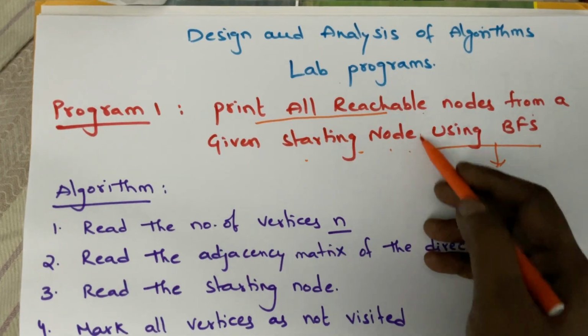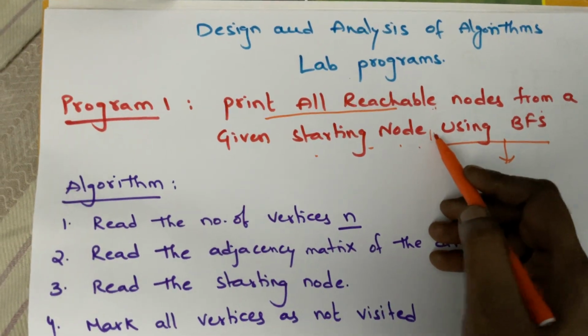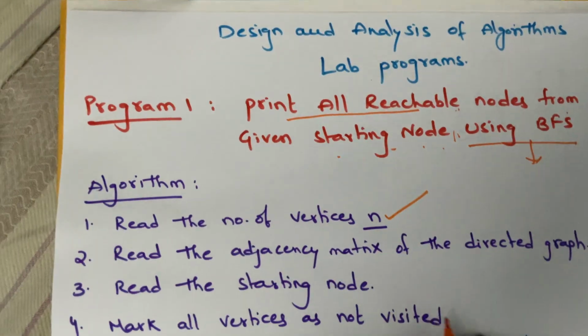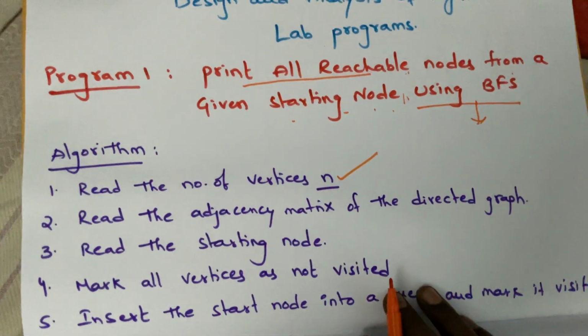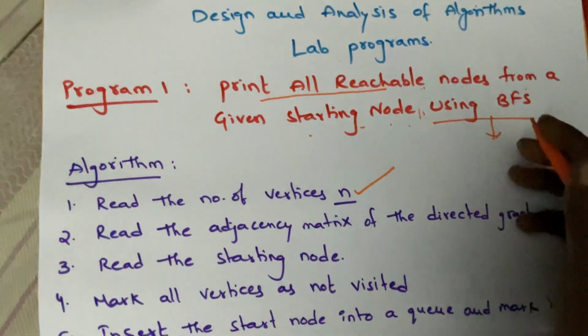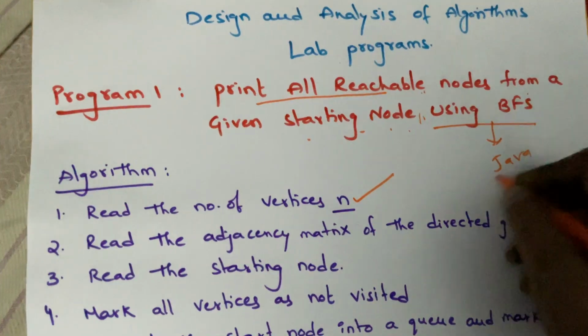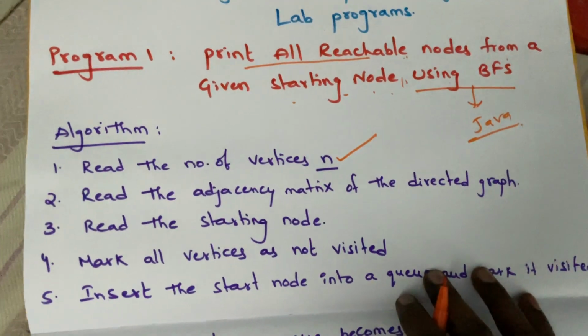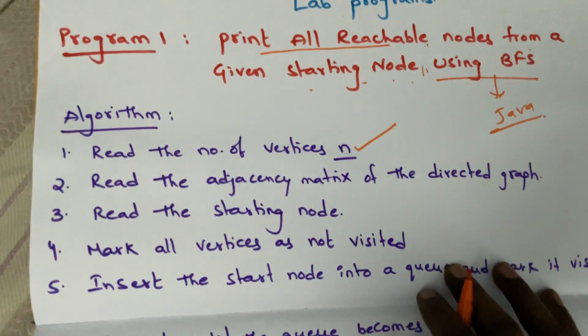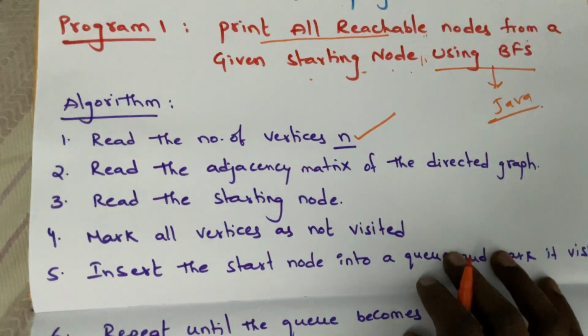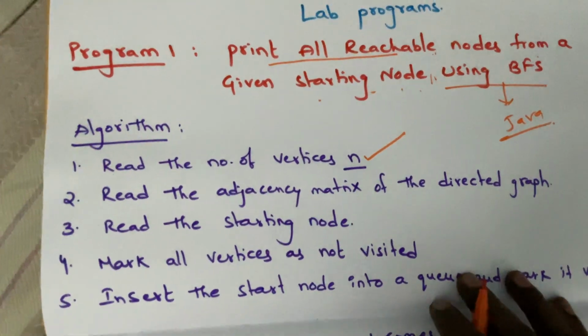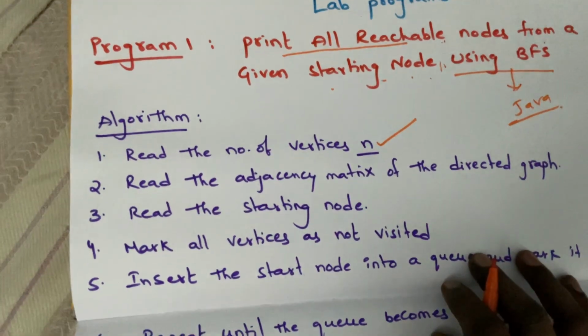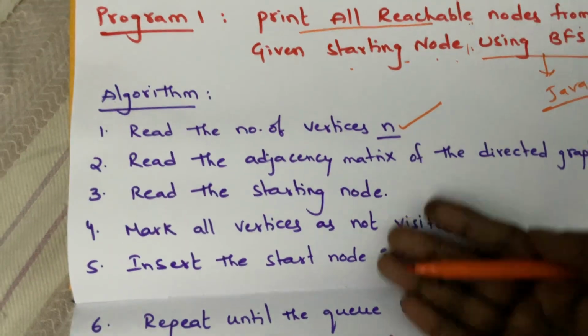From the question, we have to understand how many vertices we require. I'll basically use Java for my explanation. In the next video, I'll write the source code and show you the execution process. For the implementation, we'll go ahead with these steps.